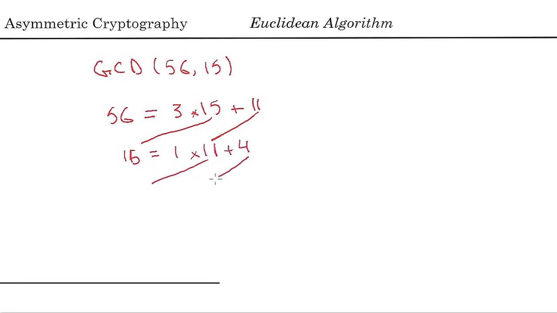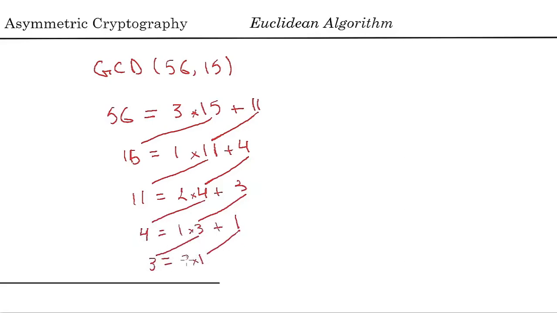Take this right over here and this right over here, and we say 11 is equal to 4 times 2 plus 3, and then we take this right over here and this one here. 4 is equal to 3 times 1 plus 1, and 3 is equal to 1 times 3 plus 0. Obviously 0 could not be the answer, so we go back one step further and we find 1. So the greatest common divisor between 56 and 15 is 1.